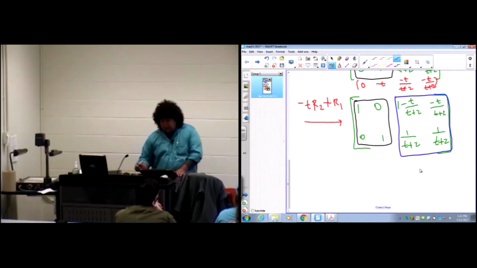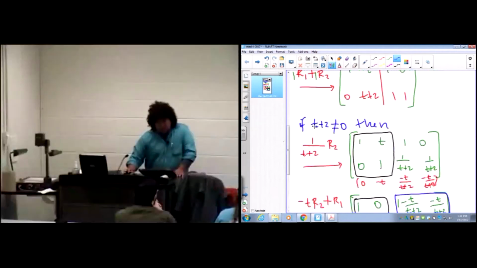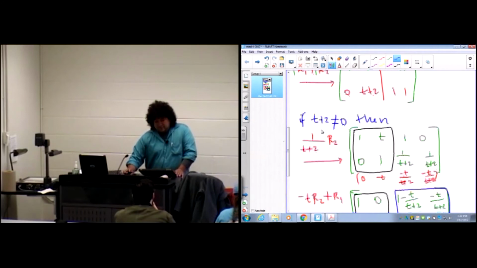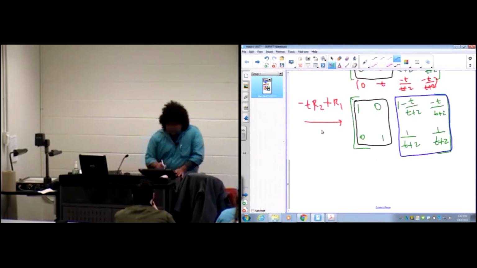In other words, t plus 2 is 0 if and only if t is negative 2. So if t is equal to negative 2, there is no inverse.